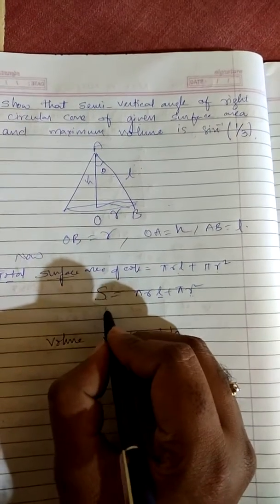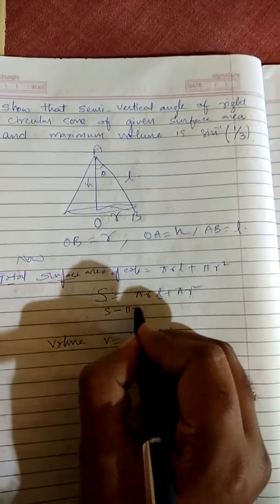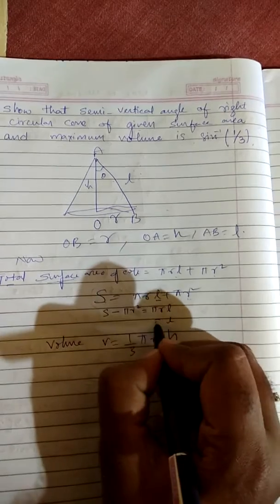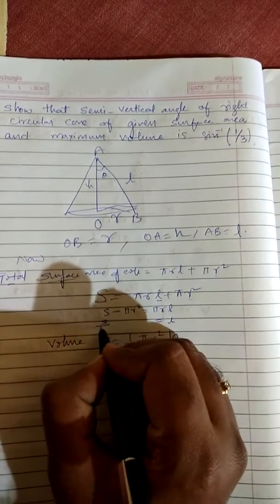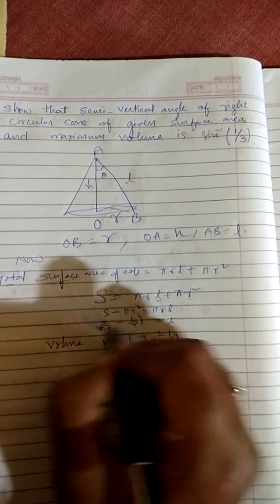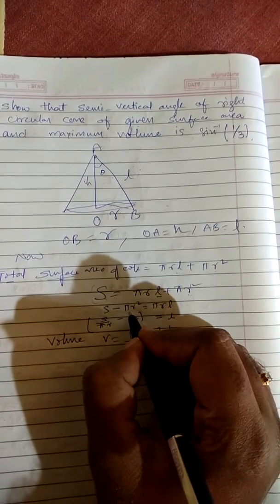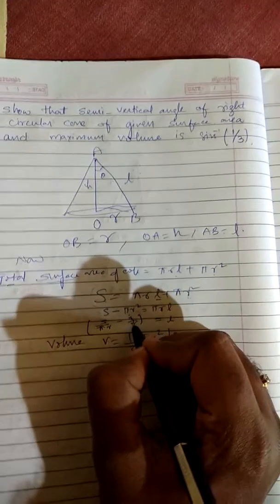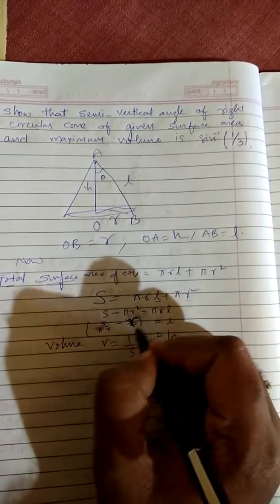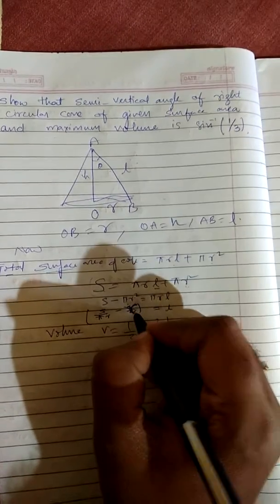That is, S minus pi r square is equal to pi rL. And L now will become S by pi r minus r. Pi r square by pi r, pi cancels, r square by r is r.